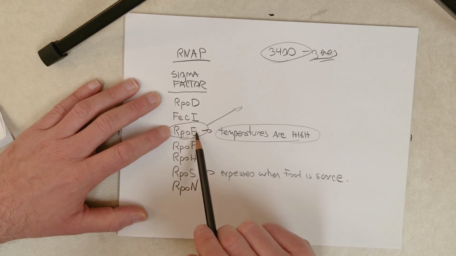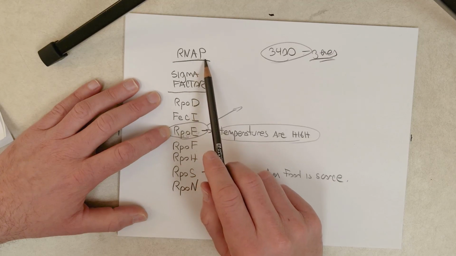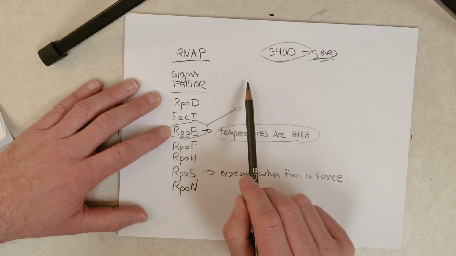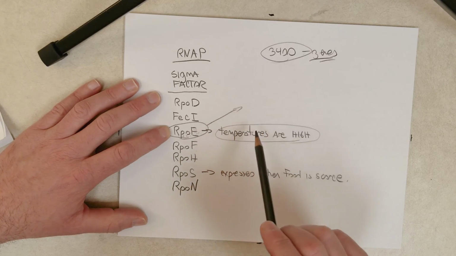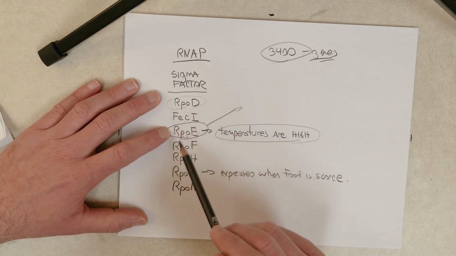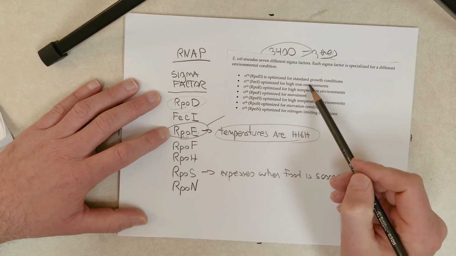So by turning on RPOE, RPOE is incorporated into RNA polymerase. RNA polymerase is then recruited to the promoters of genes that are required to help E. coli adapt to that high temperature environment. And you can think the same thing probably happens for all of these. So iron is too high.